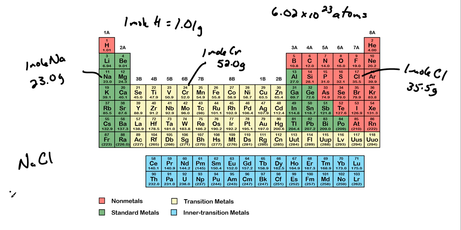So if we want to make this, we'll take 23.0 grams of sodium and combine it with 35.5 grams of chlorine. And that'll give us 1 mole of sodium chloride, which is 23 plus 35.5, or 58.5 grams of sodium chloride. So we know that we got 6.02 times 10 to the 23rd atoms plus 6.02 times 10 to the 23rd atoms. Since they're the same, they'll all match up and work.